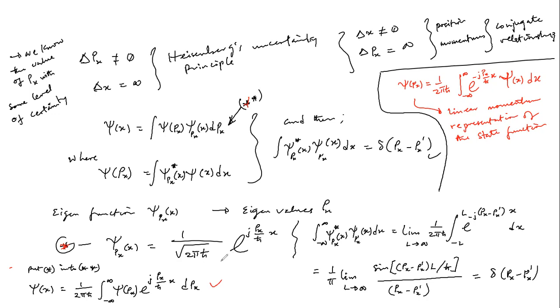So note the corresponding x component of the de Broglie wave vector k sub x is the same as the linear momentum divided by h cross. So the probability distribution function in the momentum space is the square of the momentum representation of the state function, right?